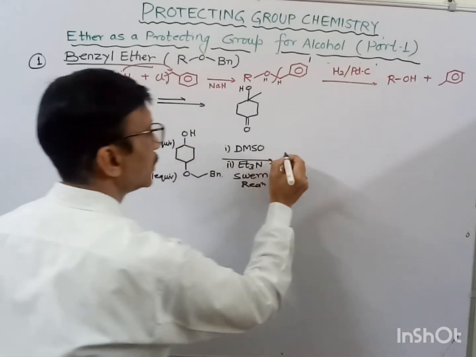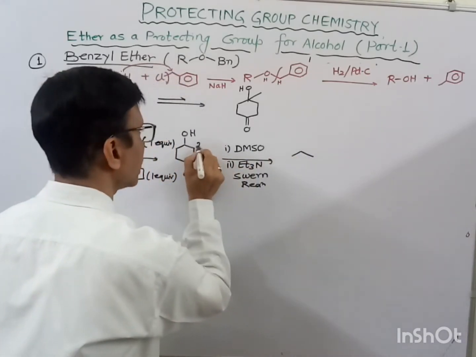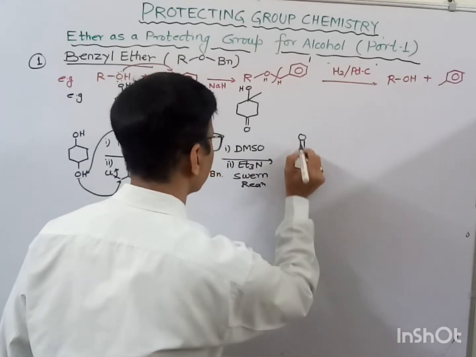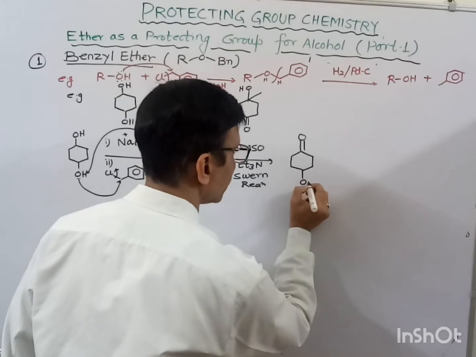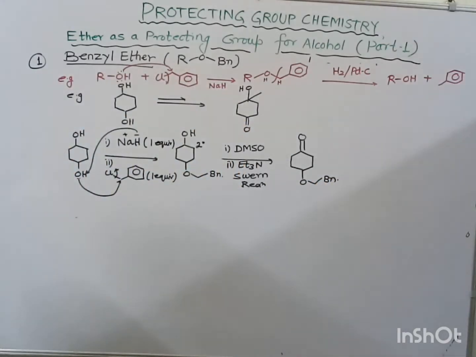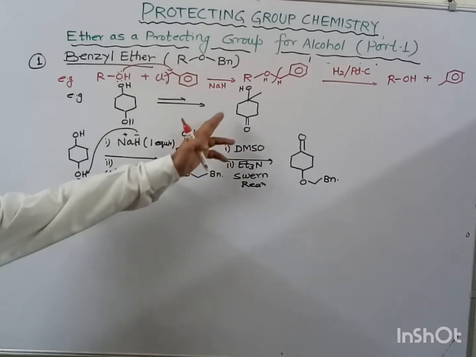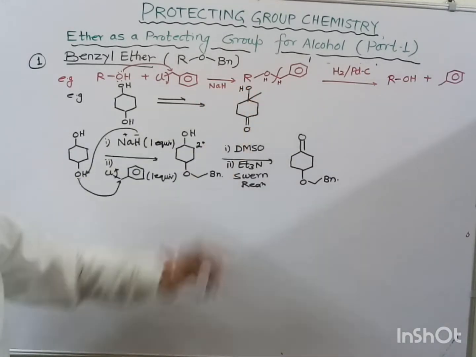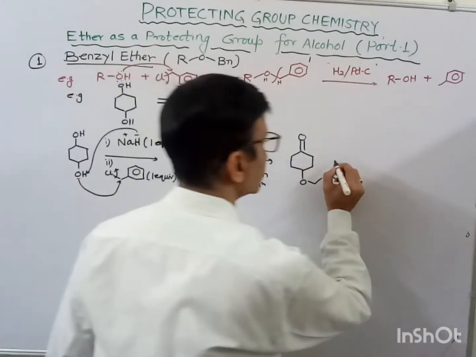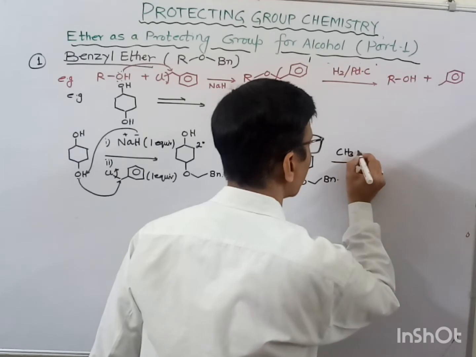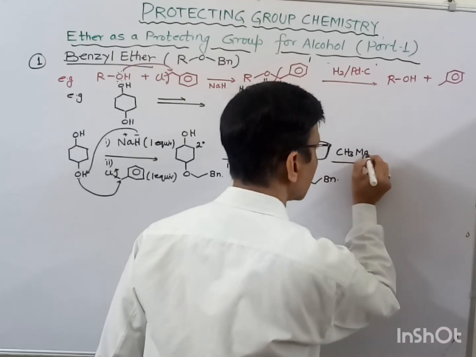This is a secondary alcohol, so it is converted into a ketone, and we have the benzyl group here. Now we have to get this OH and this methyl group, which may be done after nucleophilic addition of an organometallic reagent.